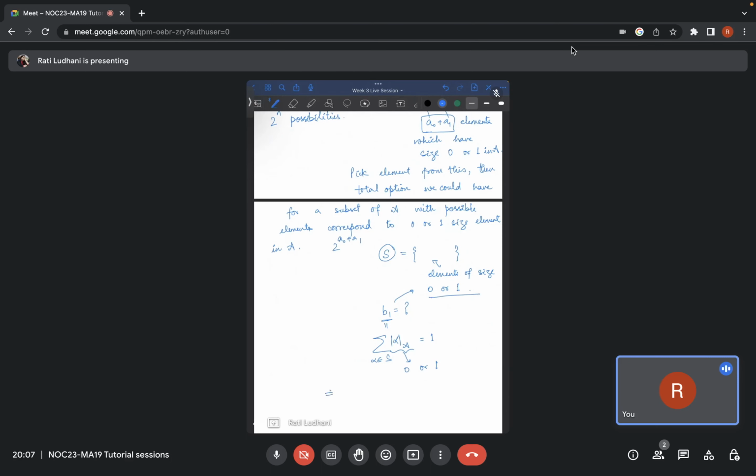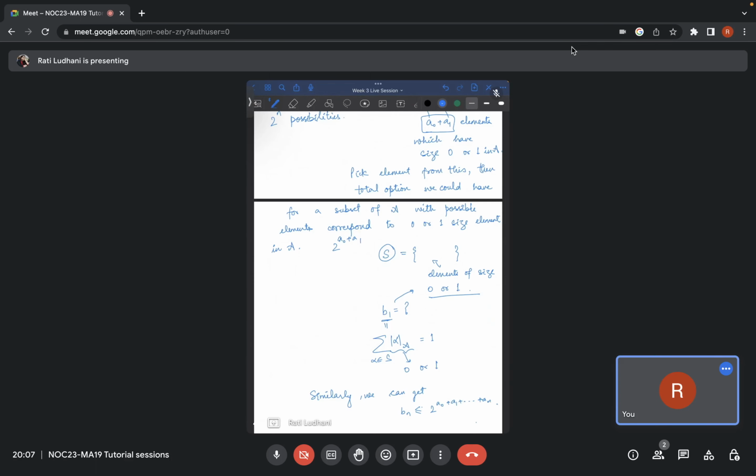So similarly you can get bn to be less than or equal to 2 raised to power a0 plus a1 up to and so on.